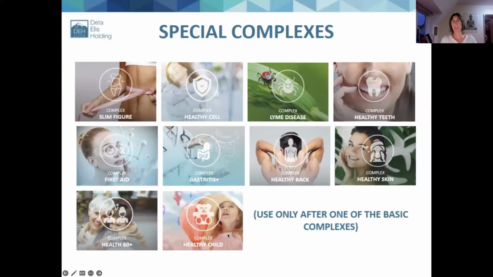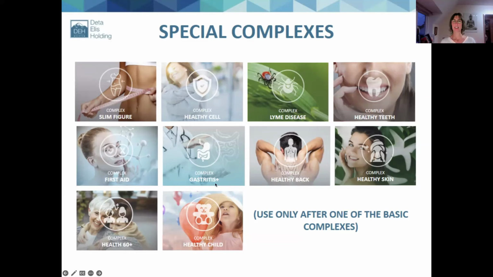Then we have some more specialized complexes that, again, it's important to only use when you've worked with the initial detox and restoration complex, or one of those 2 basic ones, the parasites or the digestive complex.